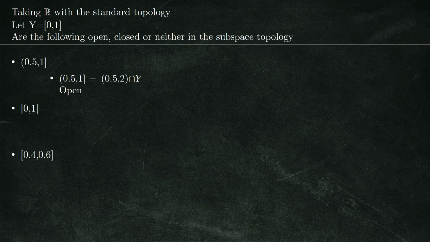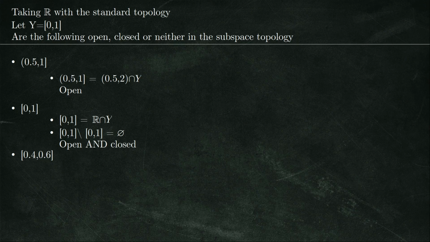Okay, now you've had a think, let's go through them. For this one, we can write this as R intersect Y. So therefore we would think this is open, but also the complement of [0, 1] in Y is the empty set, which we also know is open. So therefore this is both open and closed.